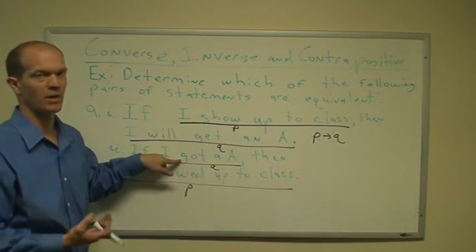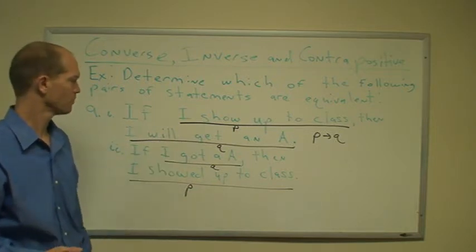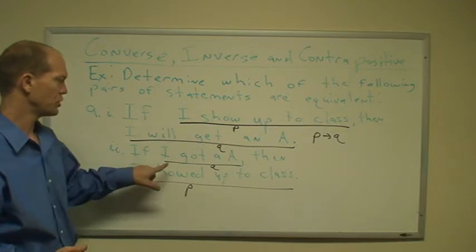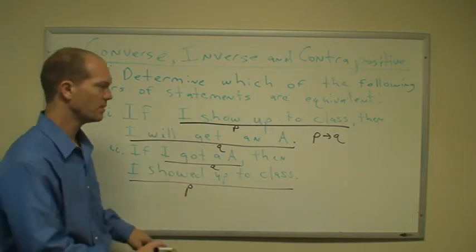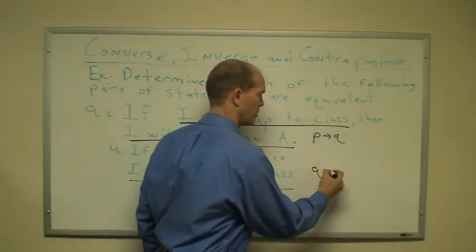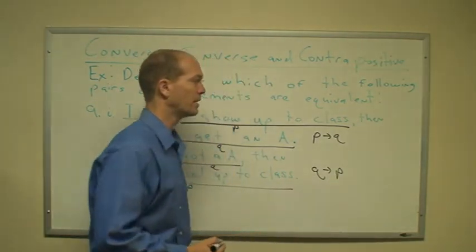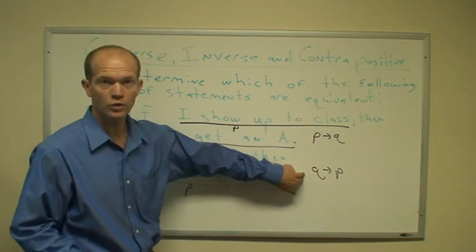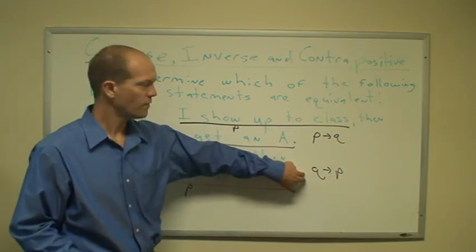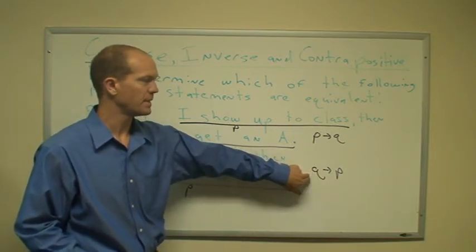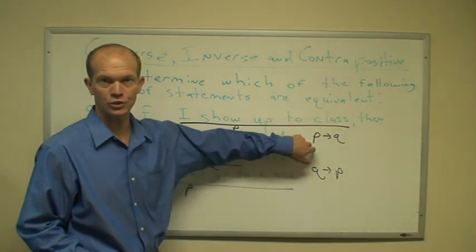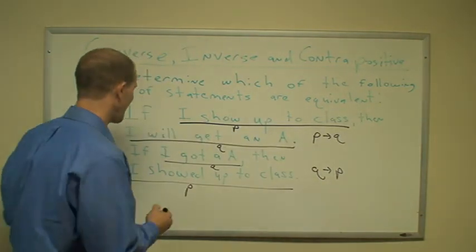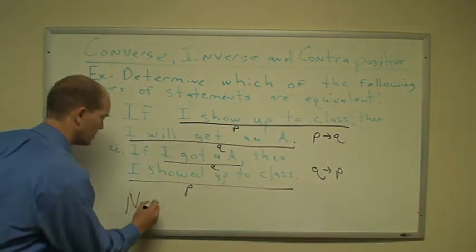For 2, the relationship is if Q then P. Looking back in my notes, I see this is a converse relationship. A converse statement is not equivalent to the original conditional, so these are not equivalent.